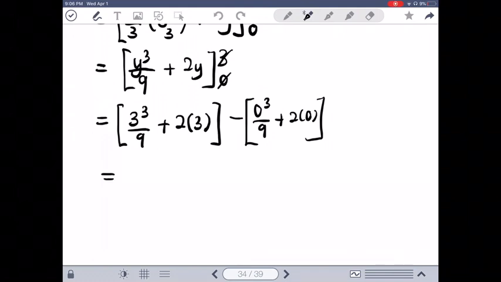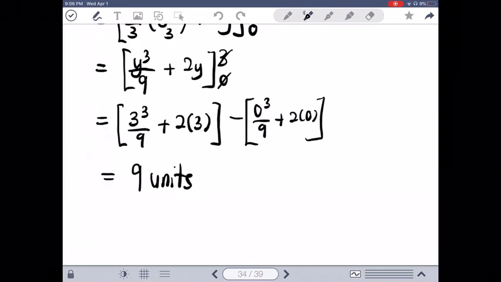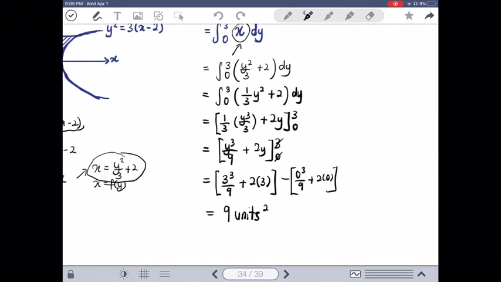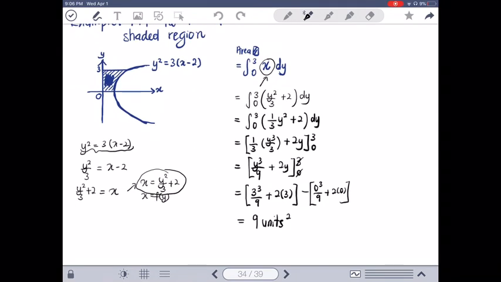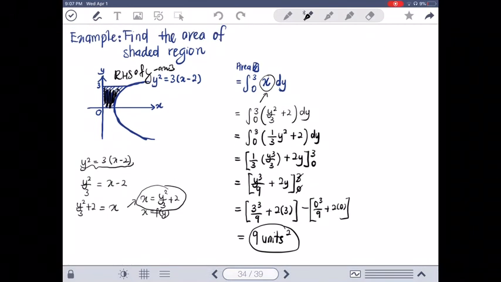So for the final answer, you just press your calculator, you should get 9 units squared. Okay, notice that the shaded region is on the right hand side of the y-axis, therefore the value of area should be positive.